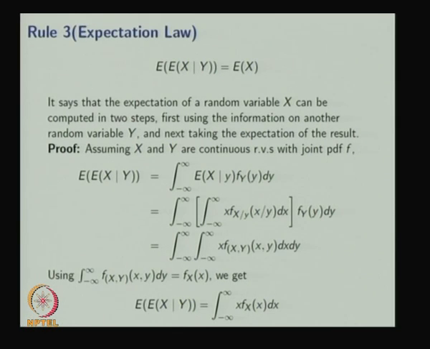The third one is the expectation law. Expectation of conditional expectation is the same as expectation. It says the expectation of a random variable x can be computed in 2 steps. First, using the information on another random variable y, and next taking the expectation of the result.